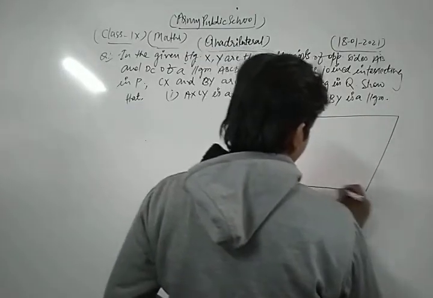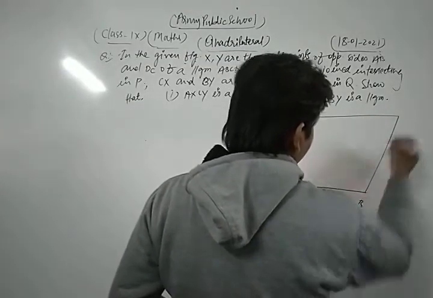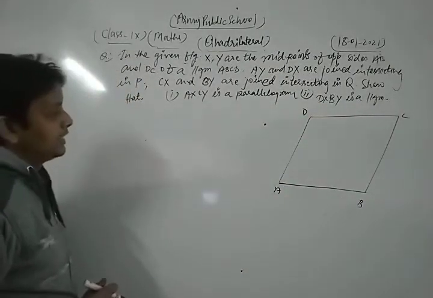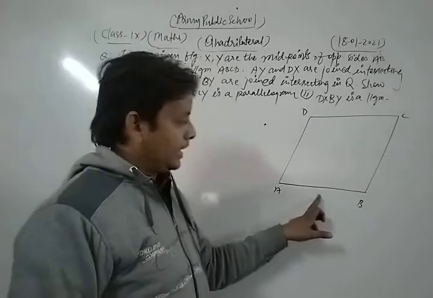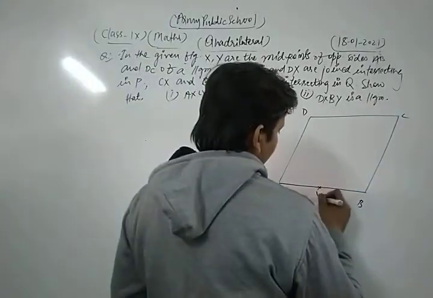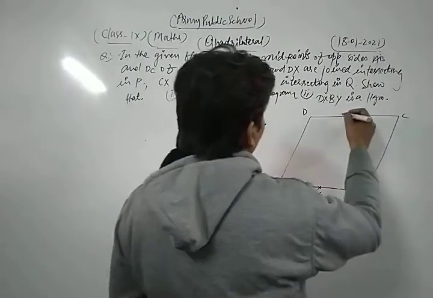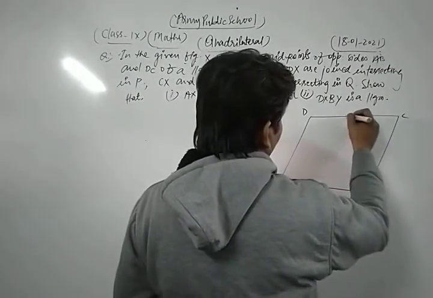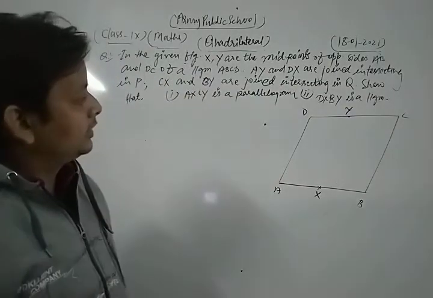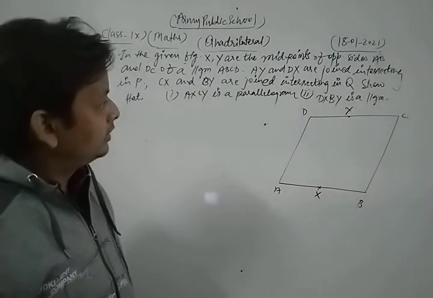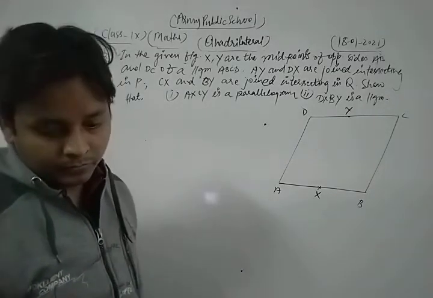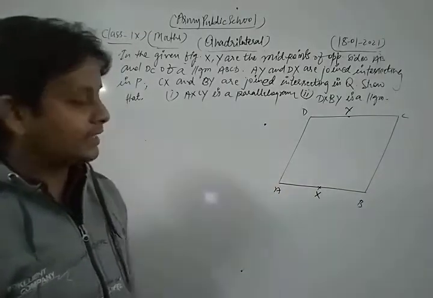X is the midpoint of AB, and Y is the midpoint of CD. Now AY and DX are joined.